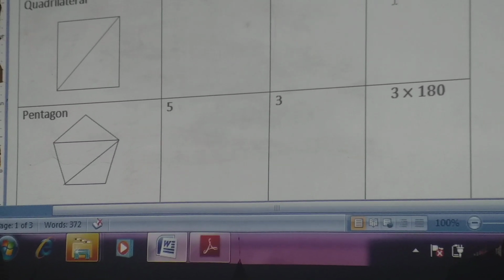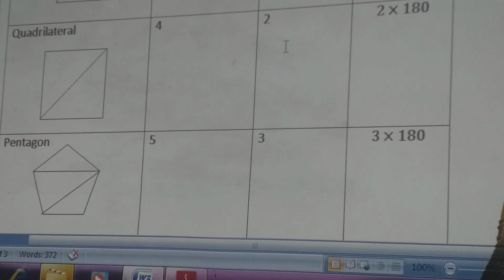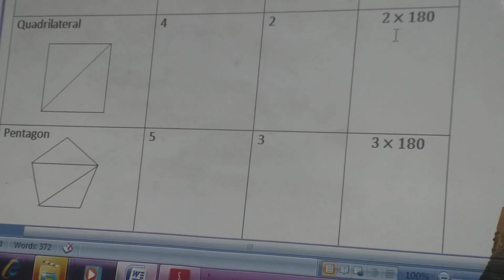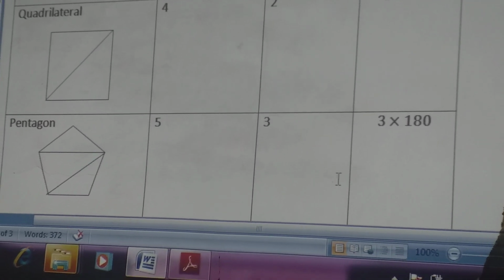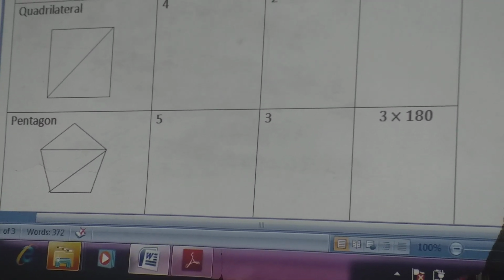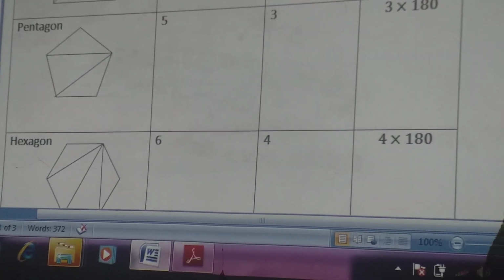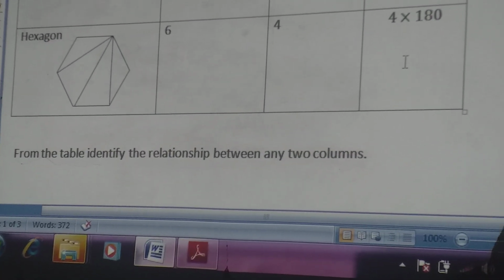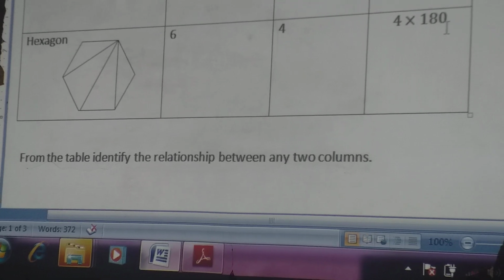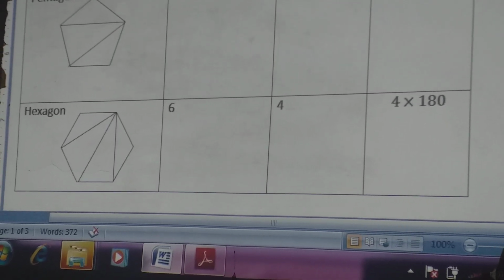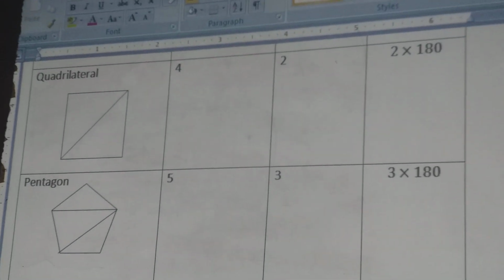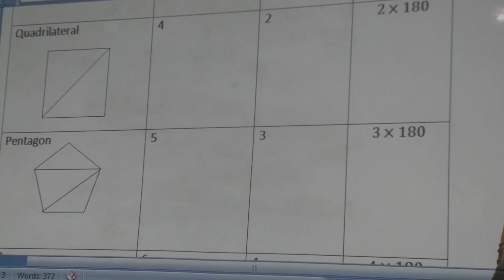So if it is 2 triangles, the sum is equal to 2 times 180. With 3 triangles, the sum of interior angles is equal to 3 times 180. With 4 triangles, the sum of interior angles is equal to 4 times 180. So we can tell that the sum of interior angles of any polygon is equal to the number of triangles times 180.